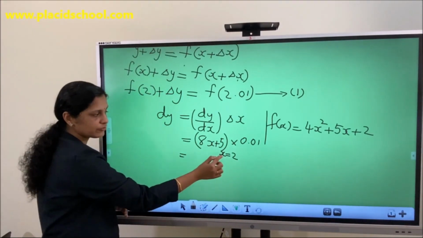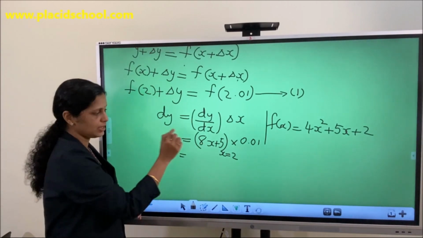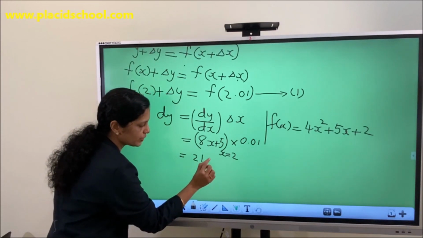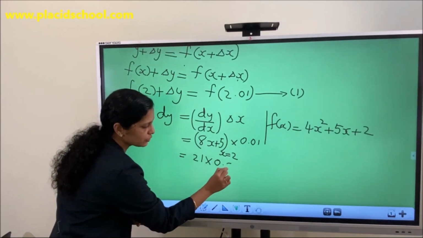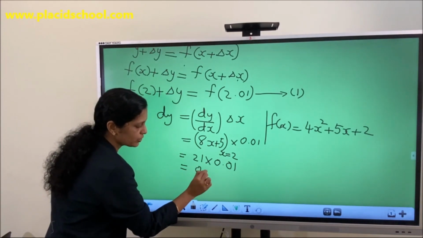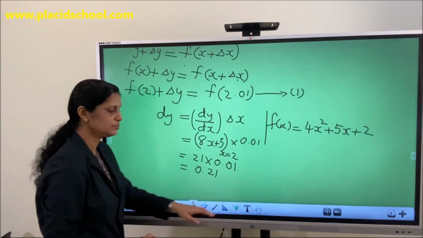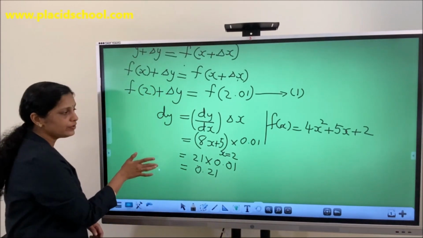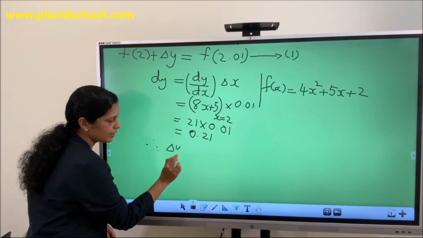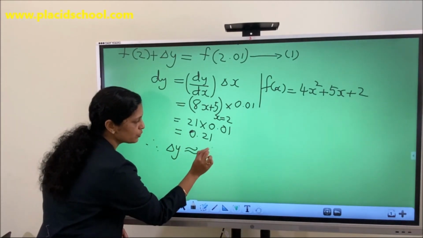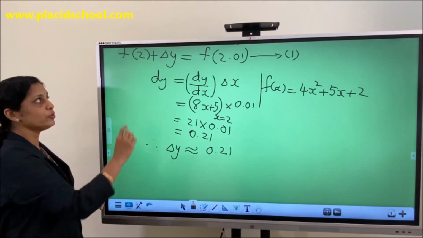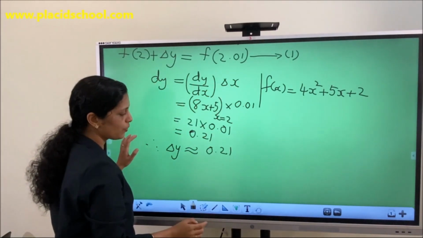When we give x is equal to 2 in 8x plus 5, it will become 21. 21 into 0.01, then dy is equal to 0.21. And we know that dy is a good approximation. Delta y is approximately equal to 0.21.